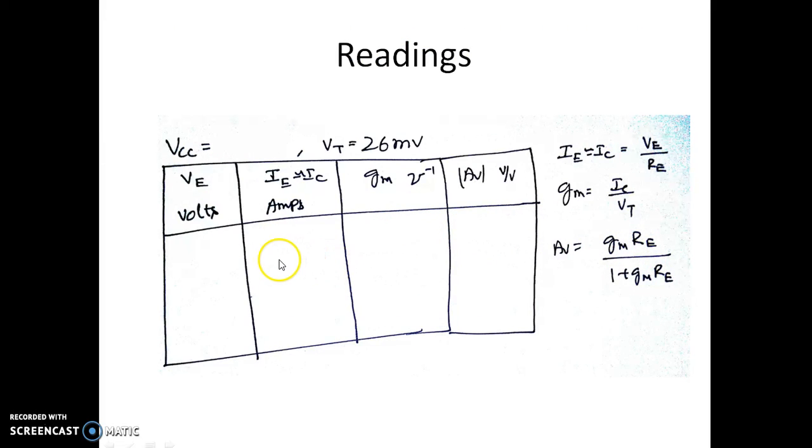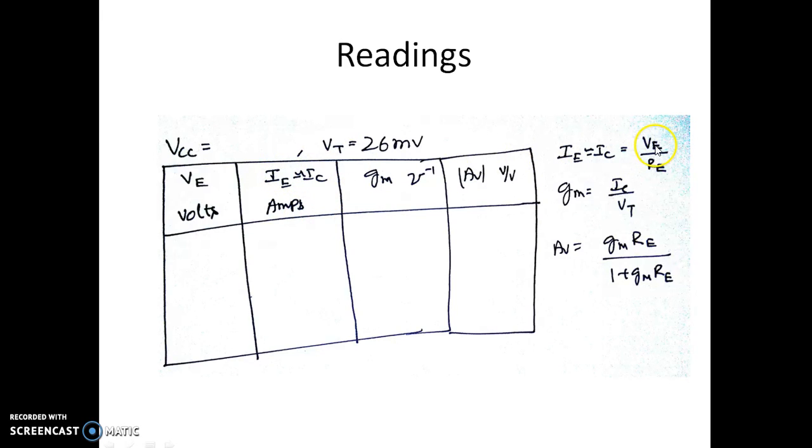Once we are through with that, we can find out the gain of the amplifier. We know that VCC is 5 volts and VT is equal to 26 millivolts, which is the thermal voltage. We have to measure the voltage across the resistor RE, by which we can find the value of collector current, which is approximately equal to emitter current.